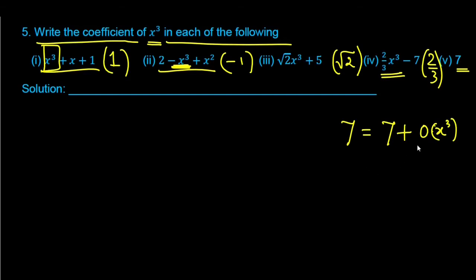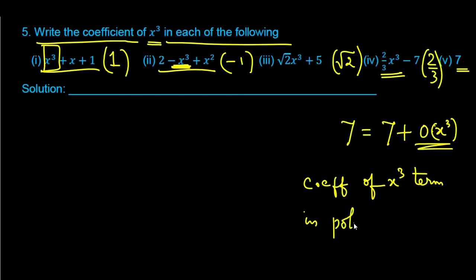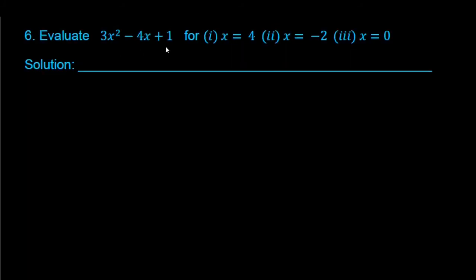So the coefficient of the x cube term in the polynomial 7 is 0. Now let us evaluate the polynomial at the given values of the variable.